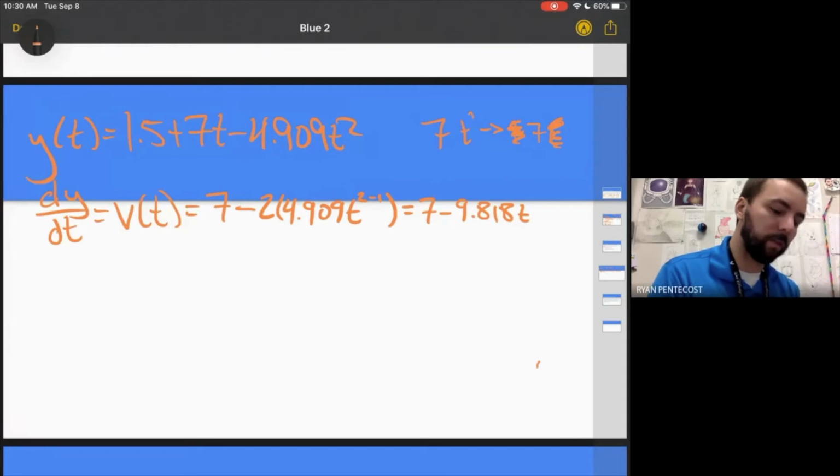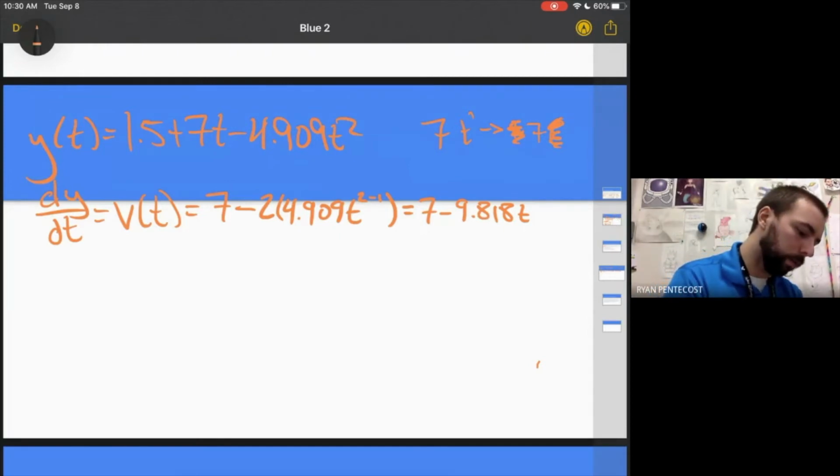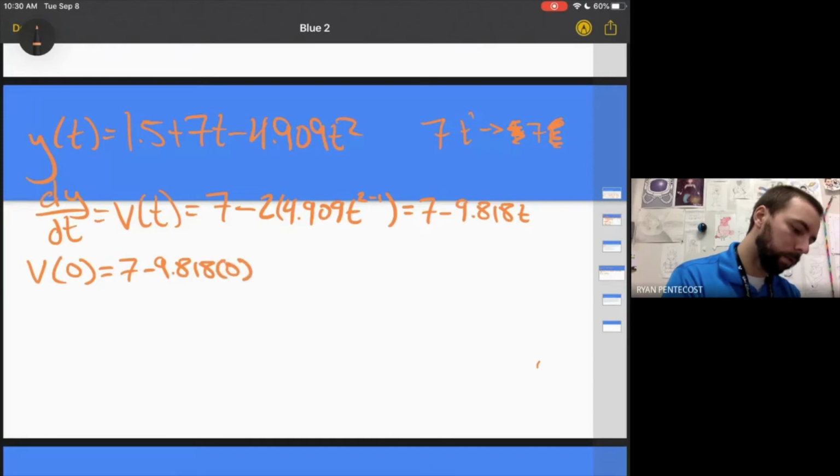So that is our velocity function, right? Now, if we want the speed at t equals 0, we would take v of 0, which is 7 minus 9.818 times 0. That would give you 7 meters per second.